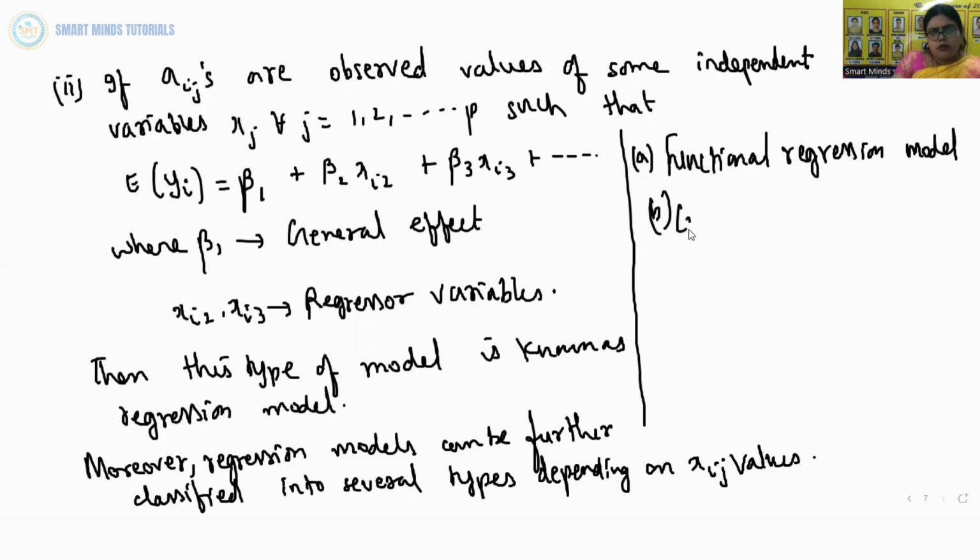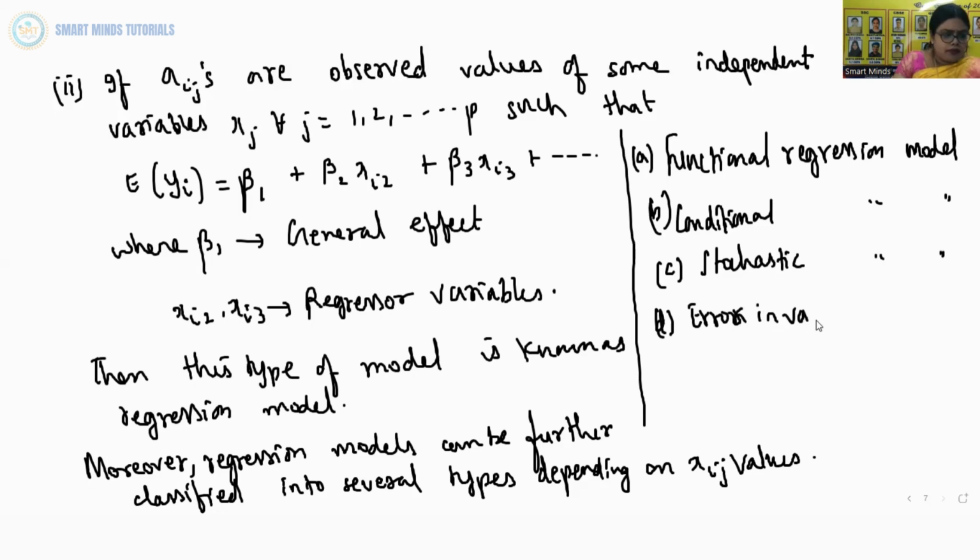Number two, conditional regression model. Number three, stochastic regression model. Number four, error in variable regression model. And number five, random parameter regression model. Okay, now let us understand each one of them.